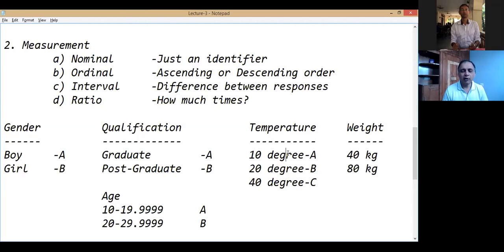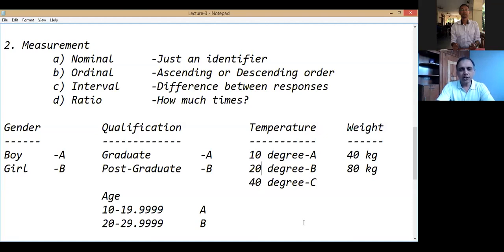Now in the interval measurement, we can say this is 10 degree less, this is 20 degree less. But can I say this is 2 times? Please look for this question. My question is, can I say there are the 3 cities A, B, C, the temperature of A is 10 degree, temperature of B is 20 degree and temperature of C is 40 degrees Celsius.